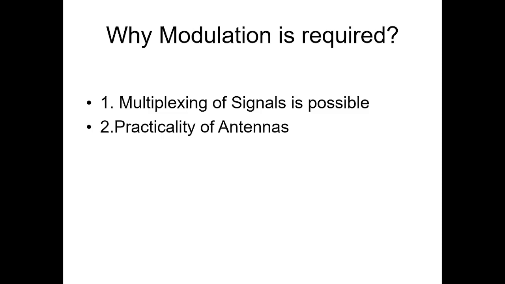We cannot achieve that antenna height. So if you go for modulation, you can reduce the height of antennas, which will be practical. Without modulation, we need antennas of very large length.